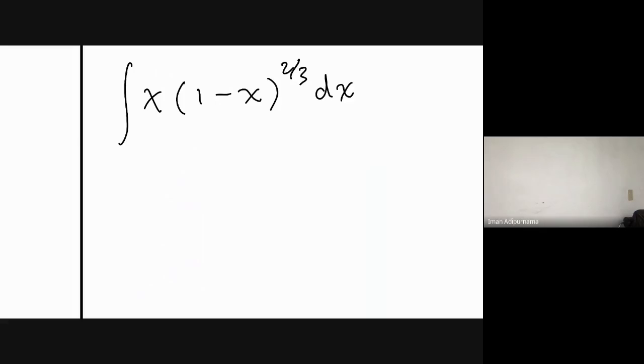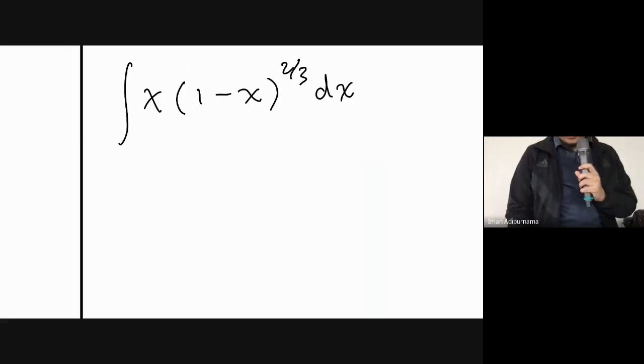The idea is still the same as we did last Friday. We just make 1 minus x equal to u. So substitute the 1 minus x, and you get u is 1 minus x, so du is minus dx.